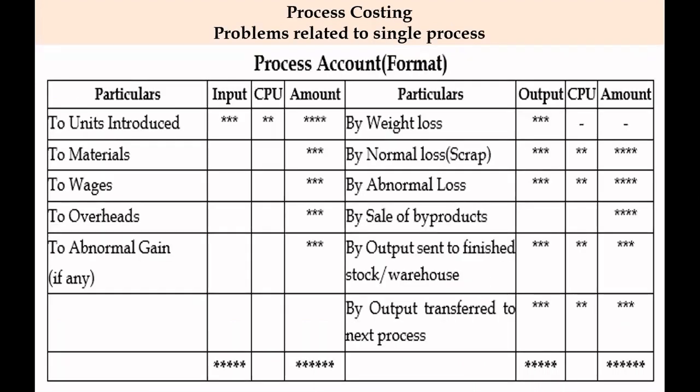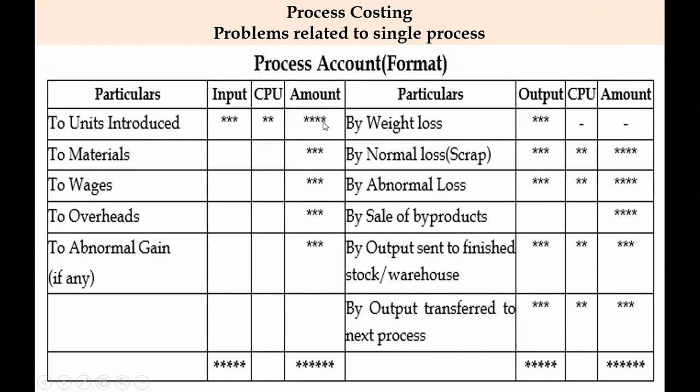Before preparing the process account, let us have a look at its format, that is, what are the items to be debited and what are the items to be credited. On the left side of the account, that is the debit side, we have units introduced, that is the input, shown in units, and CPU will be given in the problem.